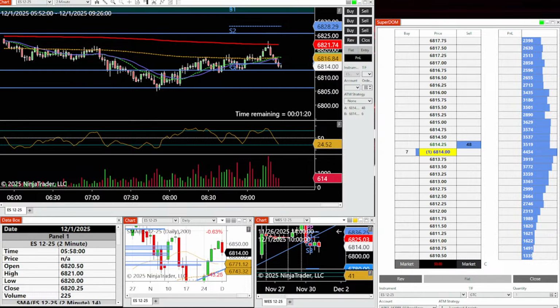My camera's not showing. I'm trying to get my camera on. It's not showing because I had it in the wrong slot. How do you do that? How do you put it in the wrong slot? That's no good, but I'm getting it back on track.